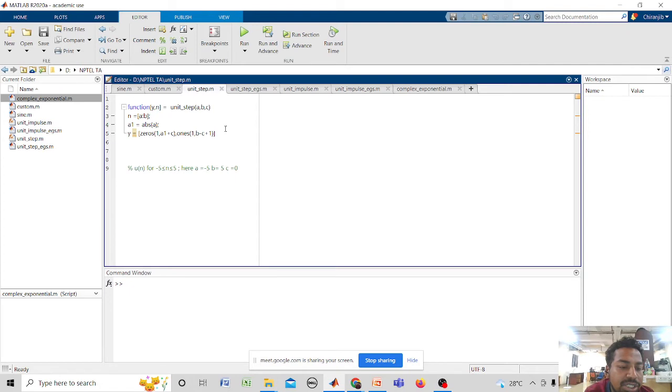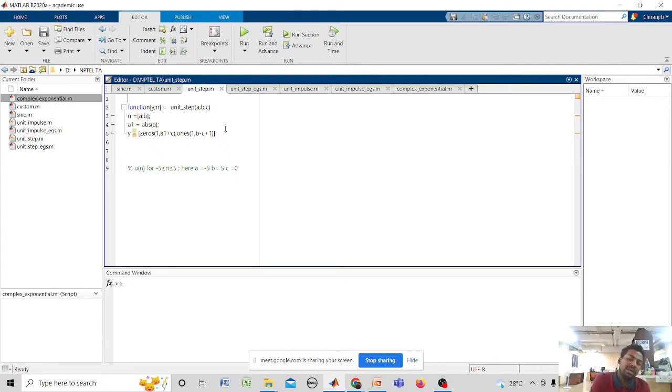So we have the function [y, n] equal to unit step of (a, b, c). So what is n? n is equal to a to b, so n will have values from the entire range. For example, if we want to plot u[n] from minus 5 to 5, here a is equal to minus 5 and b is equal to plus 5.